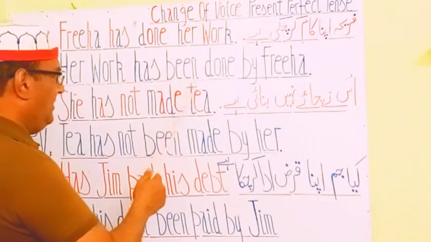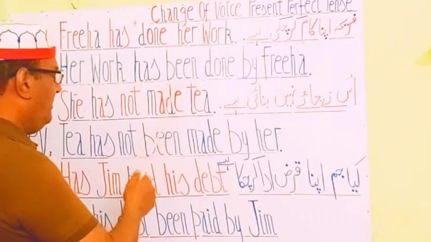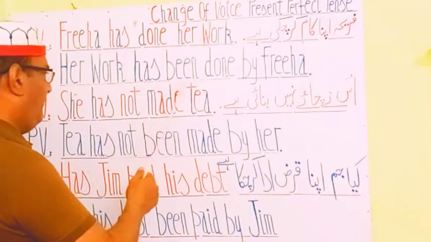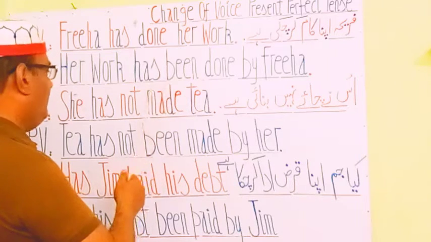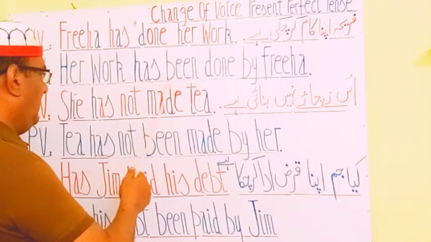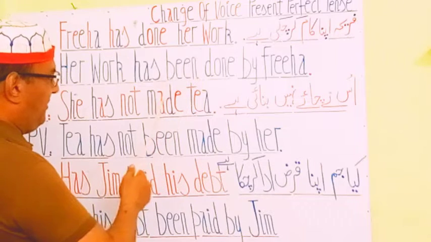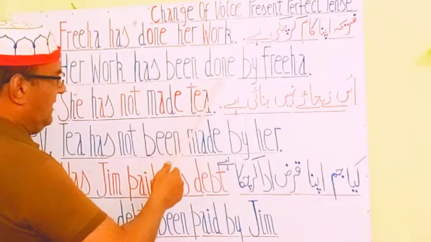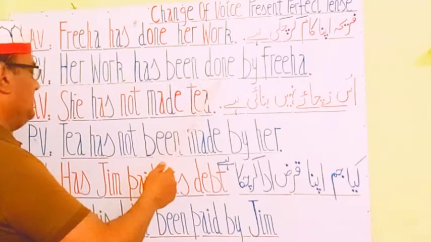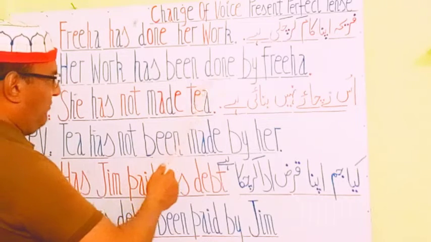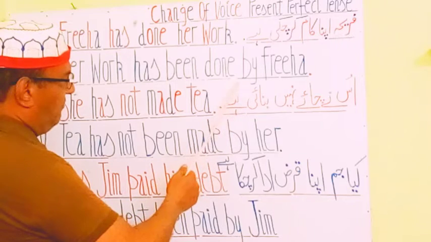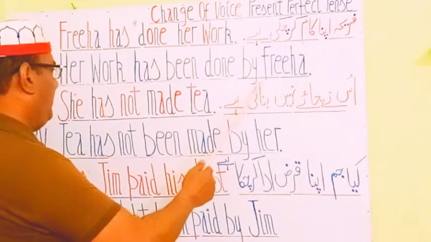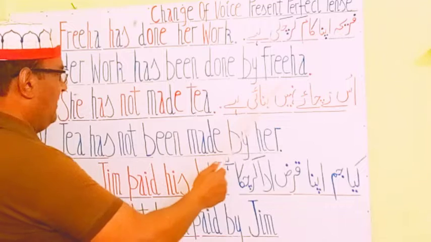Been is added to make it passive. So by rules, we add been to make it a passive sense, and done will stand as it is. After the principal verb done, we write by. By is a connector, and Friha is the object and noun here.